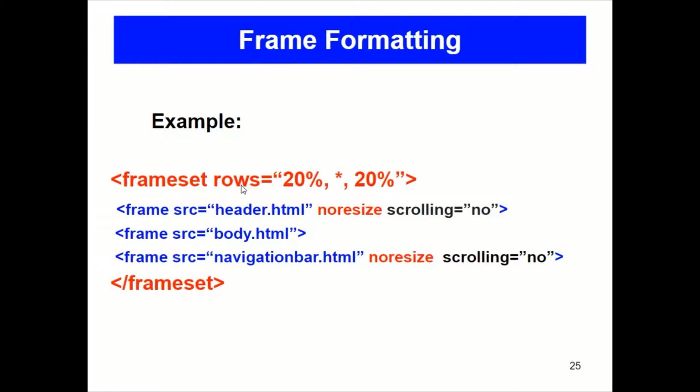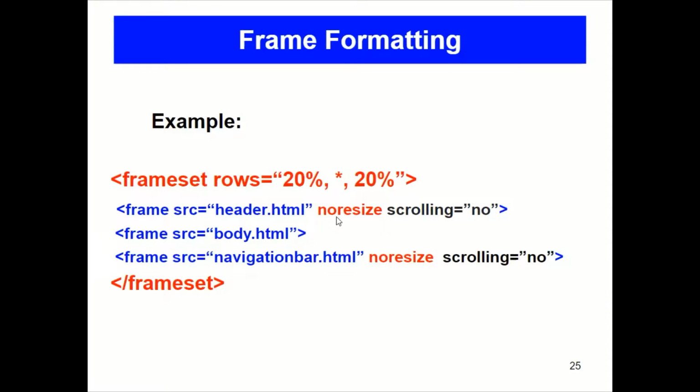So in the first pane, the first 20% of the window, the header.html document is assigned in the src attribute of the frame tag, which is nested inside the frameset.